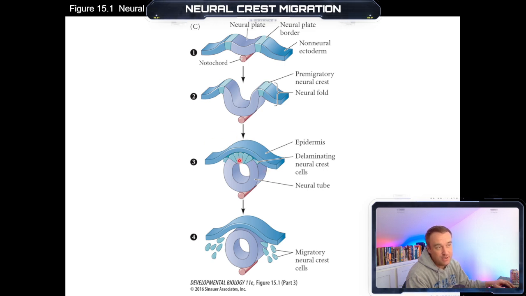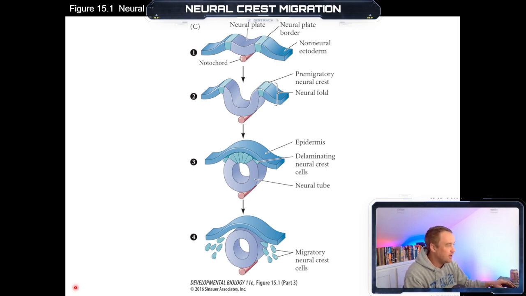But in between where this hinge point was, we have the neural crest, right? Those cells have to get out of there for the tube formation to be done. So you can see here that there's room between the neural tube and the epidermis, right? Or the notochord. They're all independent.